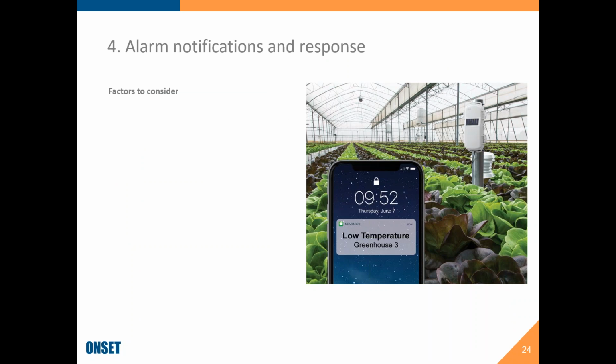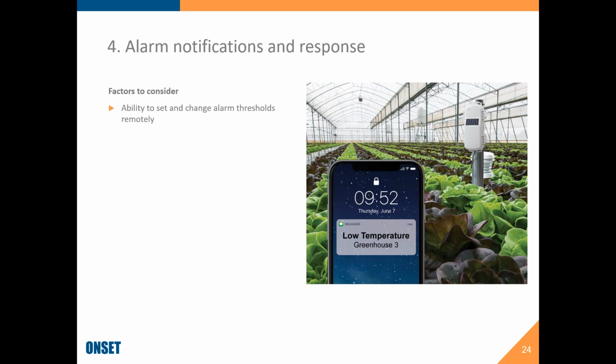Another factor you want to look at in wireless sensor networks is alarm notifications. And these are important for both growers and for researchers, and I'll talk a little bit about why. One of the features you want to look for is the ability to change those alarm thresholds remotely.